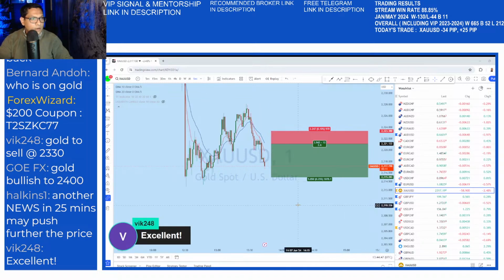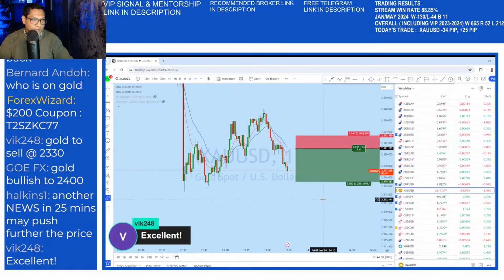Excellent. Yeah. So you see it's forming a potential liquidity candle.